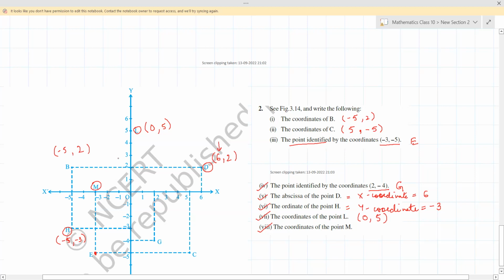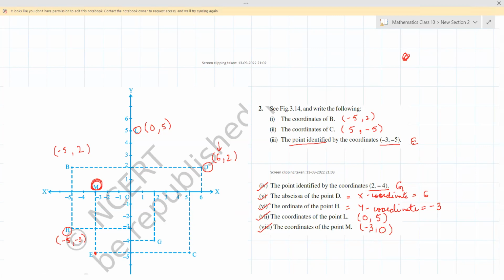Oh, point M is this. -3 and 0. Is this correct? Yes, that's good. Zeba, is this clear? -3, 0. Jesslyn, is this clear? Yes, ma'am. Okay.